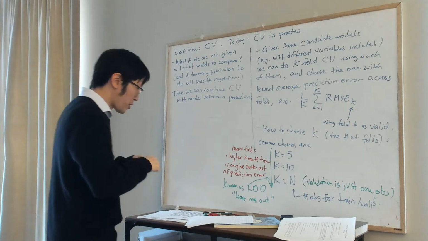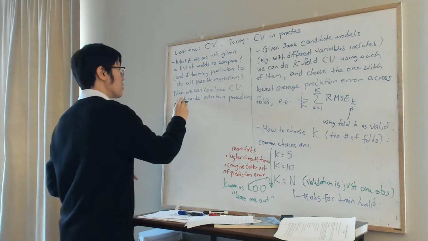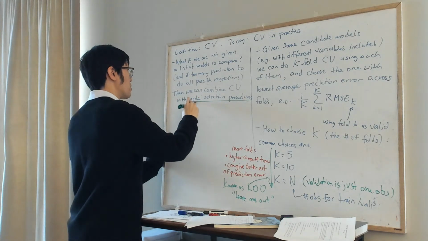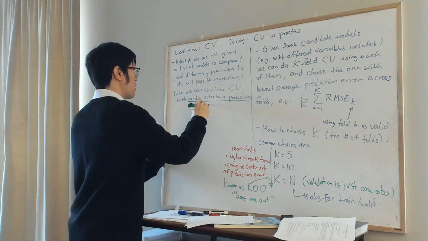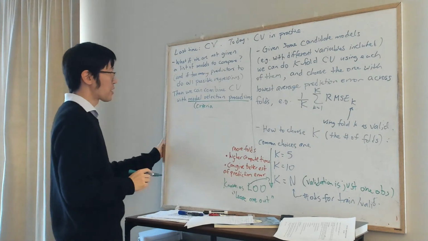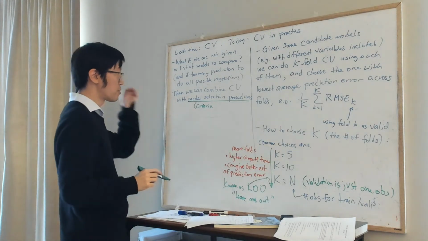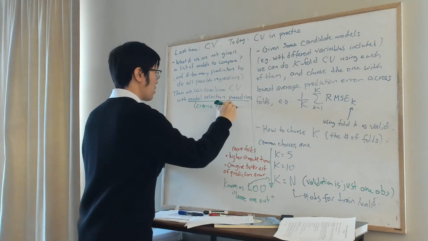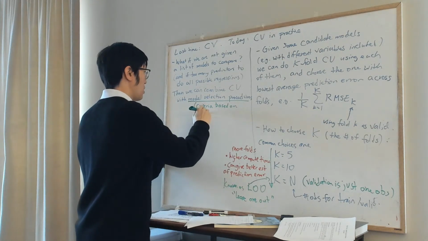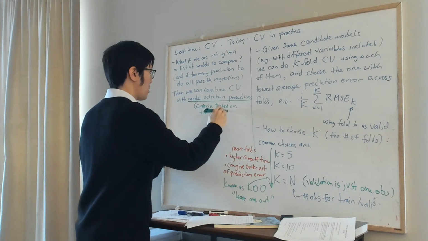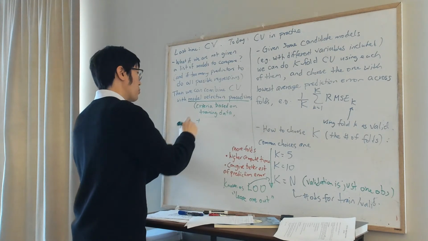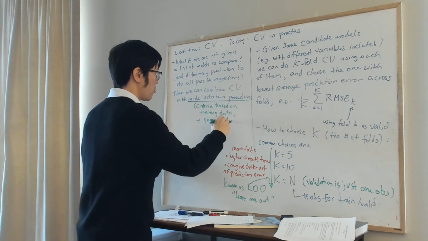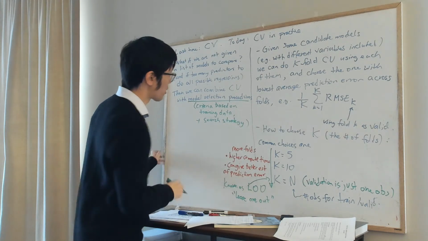Remember that when we talked about model selection procedures, we need a criterion for selecting which model based on the training data. And we also have a search strategy for which models to check.